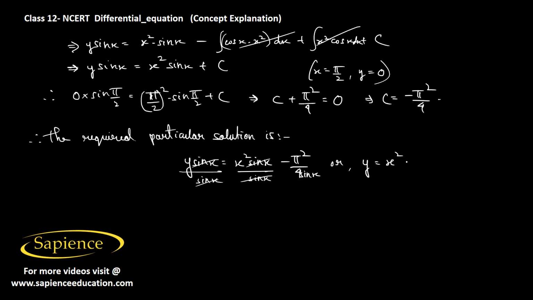So it will be y equals x square minus pi square by 4 sine x. So this is the required particular solution, provided that sine x should not be 0, which means x should not be equal to n pi, where n belongs to Z. So this is the final answer for this.